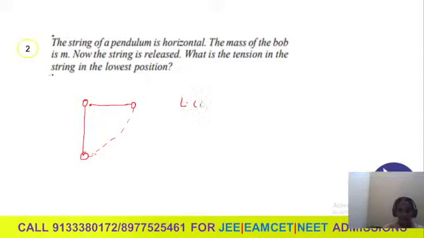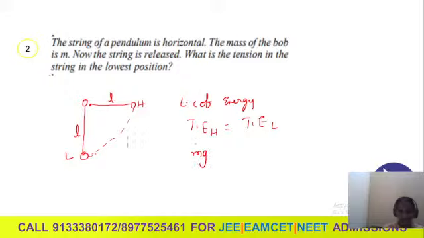So according to the law of conservation of energy, it is horizontal, it is lowest. So total energy at horizontal is equal to total energy at the lowest position. And this is the length of the string, and this is also the length of the string. So we can write mgl, because it is at that height when it is at a horizontal position.